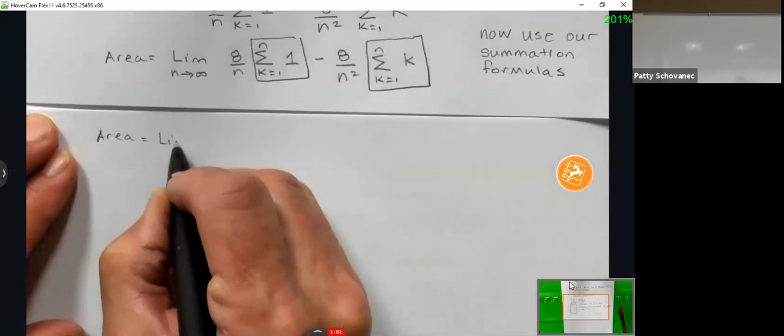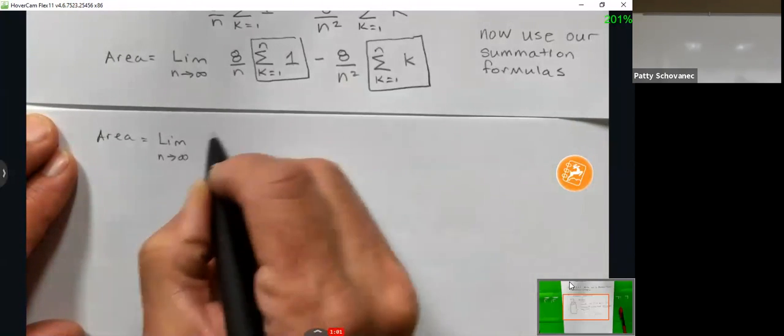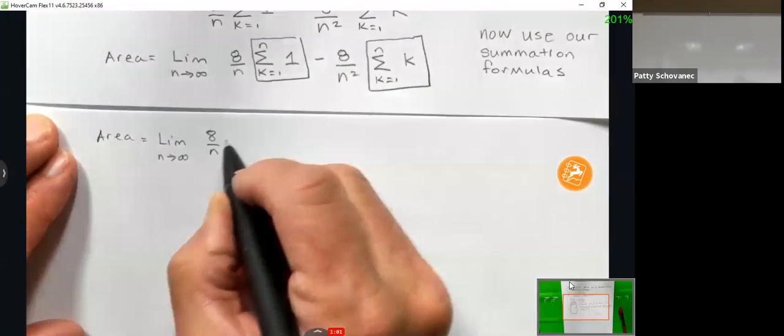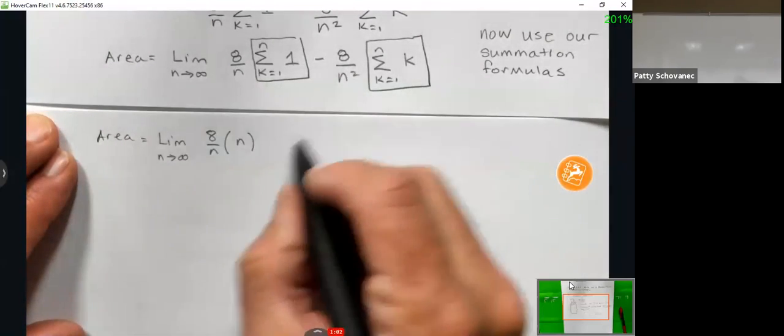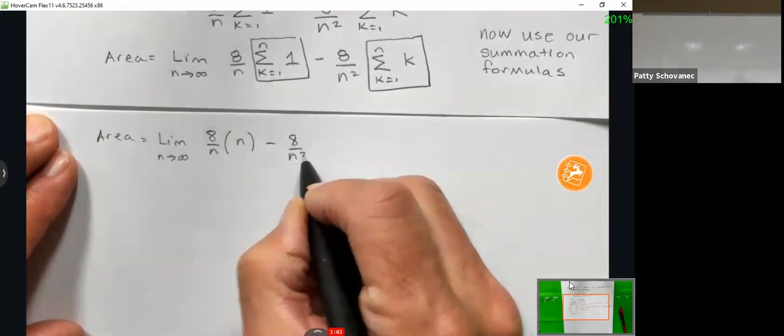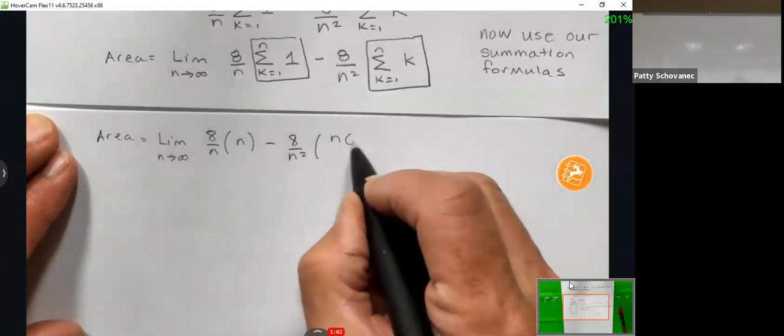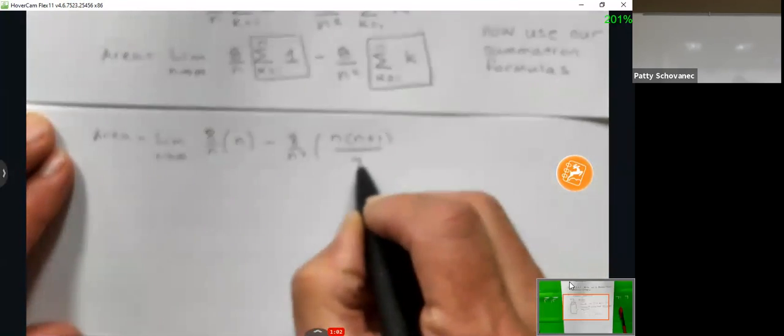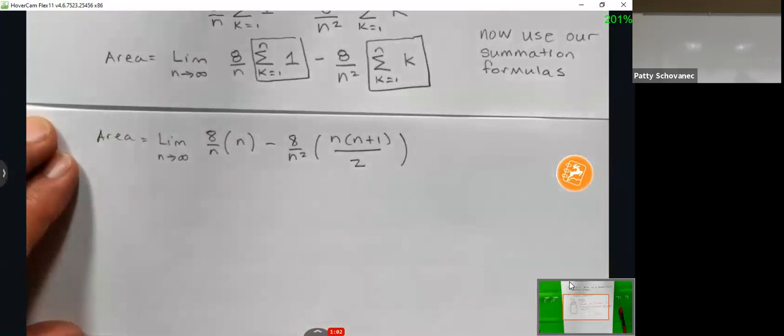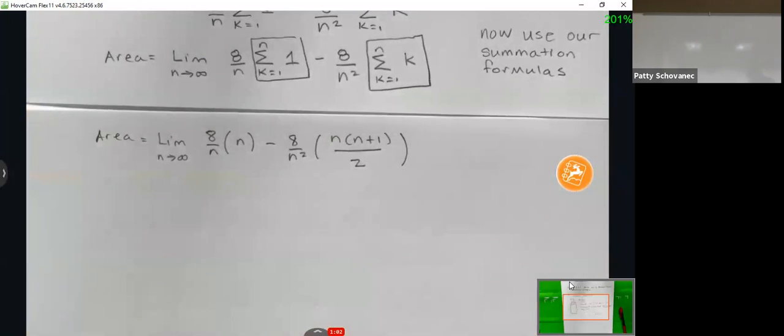That the area is equal to the limit as n goes to infinity. So this formula gives me n, and this one gives me n times n plus 1 over 2. We can simplify those.